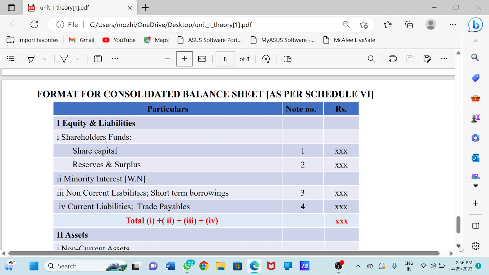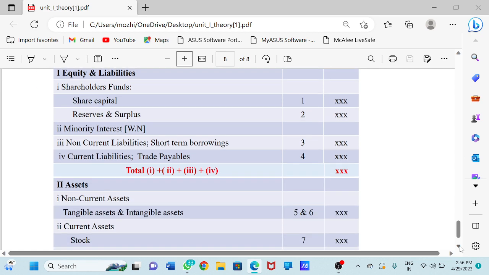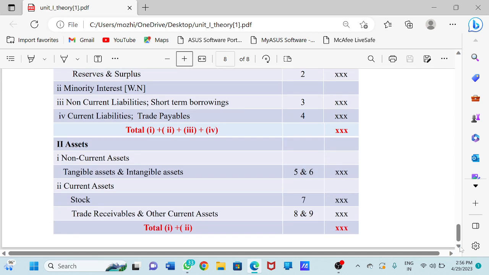So we'll add all these things. We'll get the final total of equities and liabilities. Then assets, all the current assets, like tangible and intangible, schedule 5 and 6, the stock from schedule 7, trade receivables from schedule 8, and other current assets from schedule 9.